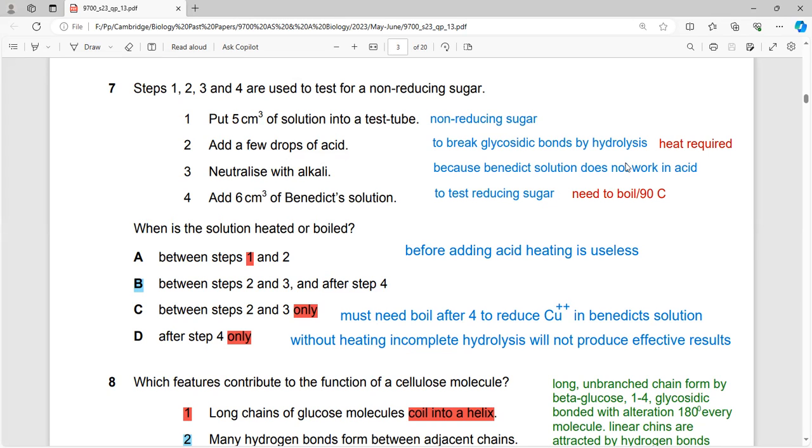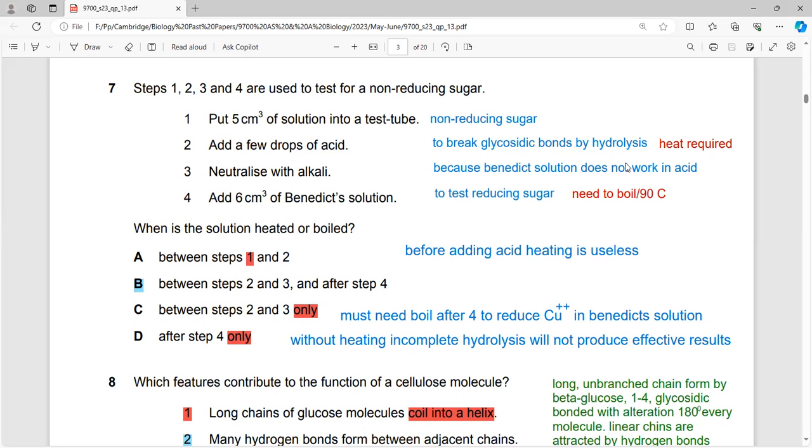Option C is wrong, as it says we need to heat between step number 2 and 3 only. If you do not heat after step number 4, we cannot properly reduce the copper +2 oxidation state. The copper is coming from the Benedict solution, which consists of copper sulfate. So for properly reducing the copper to get the positive result of Benedict solution, we need to heat it to 90 degrees Celsius.